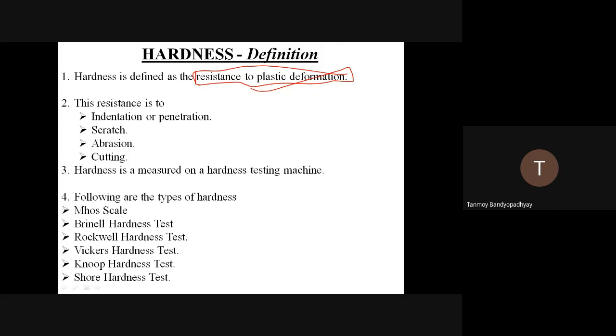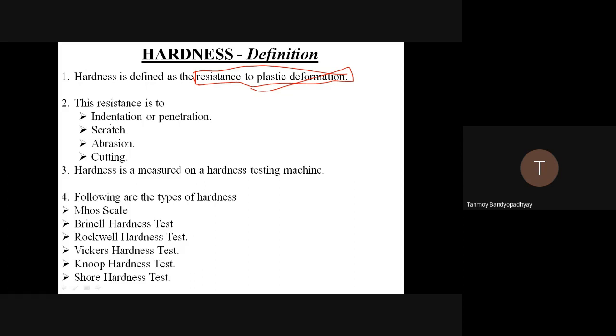Suppose you take a stone and scratch it on the surface of another material. Then abrasion, like grinding wheels. And then cutting, where a cutting tool or a specimen is cutting another specimen. So there can be many resistances. We will only be studying the first one.